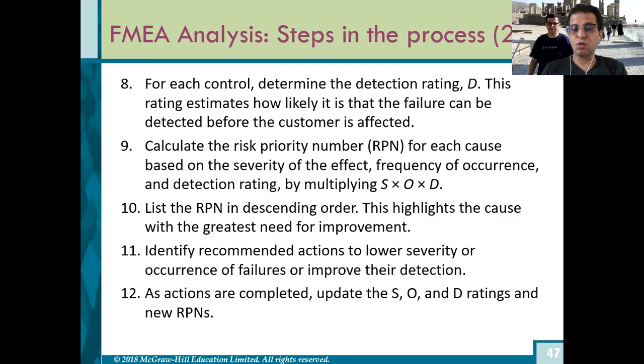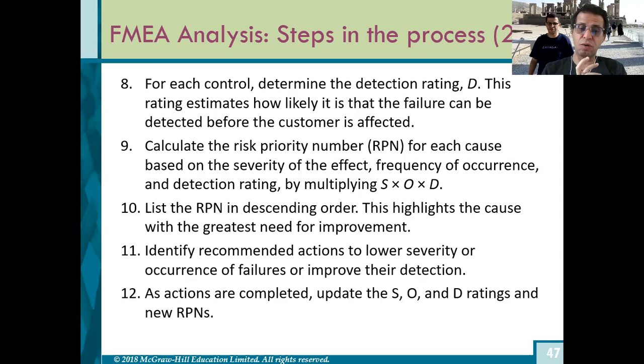And then for each control, determine the detection rating, how we can detect that. This rating estimates how likely it is that the failure can be detected before the customer is affected. Now there are applications and hardware that do that. IBM does that very well.